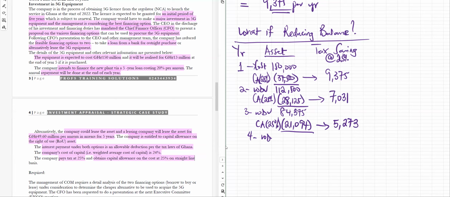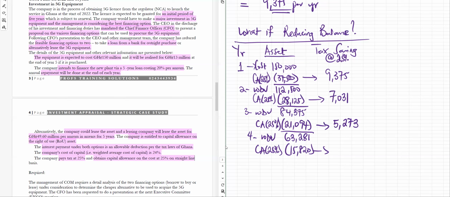So in year 4, our written down value brought forward, it's going to be our 84,375 minus our 21,094, and that gives us 63,281. So the same way we have capital allowance at 25%, that's 15,820.